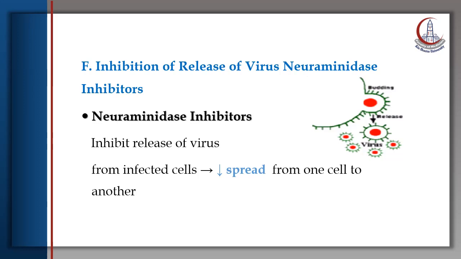When there is an inhibition of the release of the virus, then there will be limitation of the spread of the virus from one cell to another. So, again, these antiviral drugs act on steps of the replication cycle of the virus.